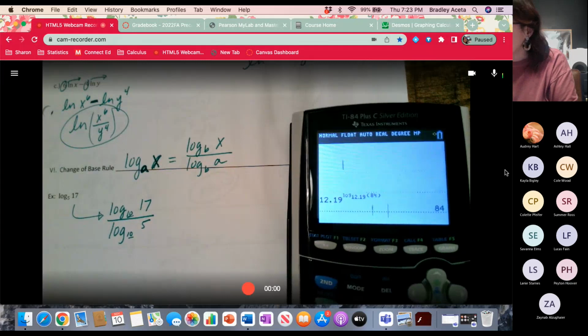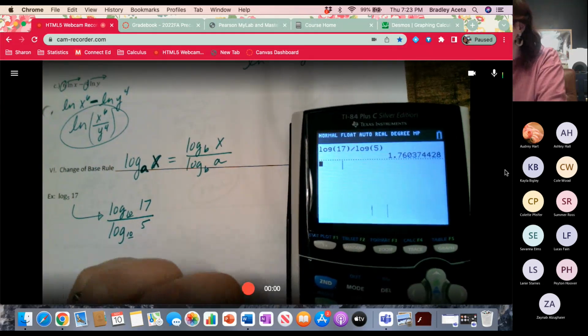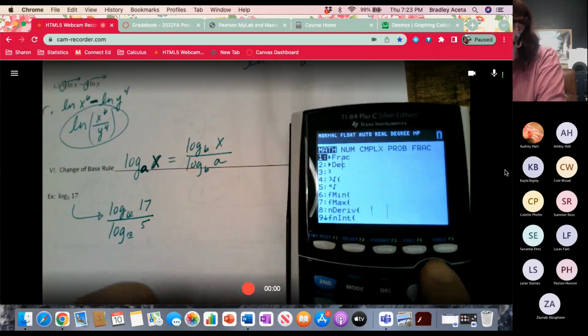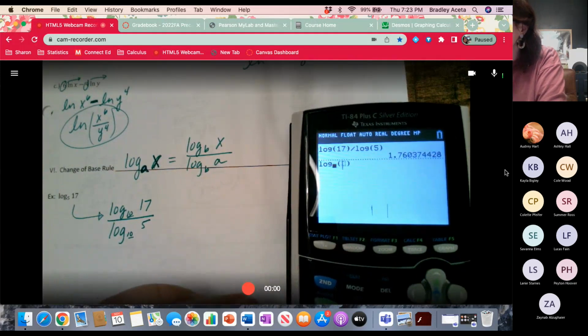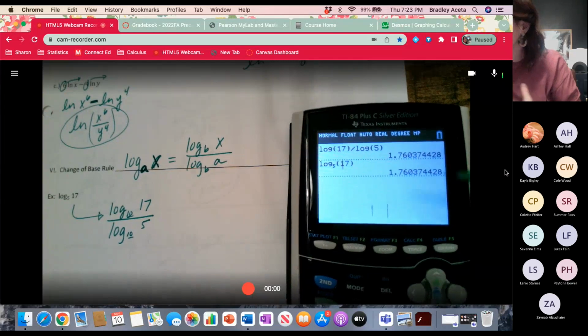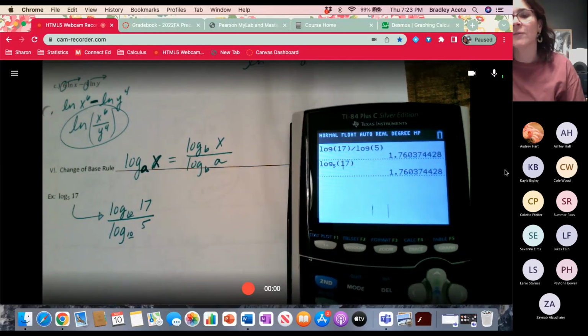Just to show you on the calculator, you hit the word log 17, divide log 5, and you get 1.76. And again, I showed you how to do it, but you could do log base, and put the 5 here and the 17 here, and they should be the same answer. Yeah, look at that. They're the same answer.